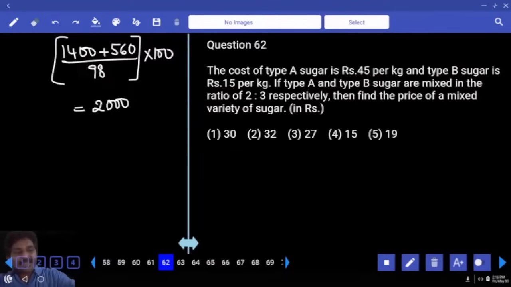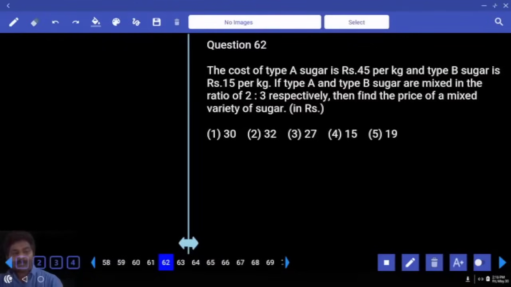The cost of type A sugar is 45 per kg, type B sugar is 15 rupees per kg. If type A and type B sugars are mixed in the ratio 2:3 respectively, then find the price of the mixed variety of sugar. Let's assume 2 kgs, 3 kgs. Total 5 kgs.